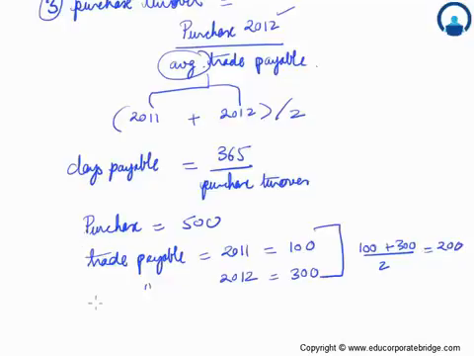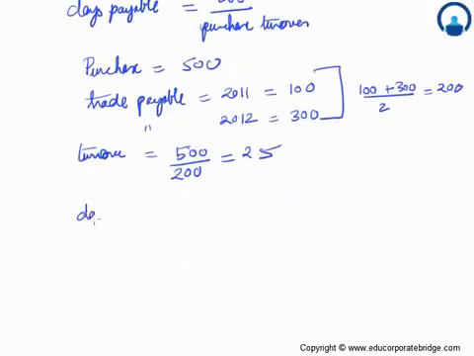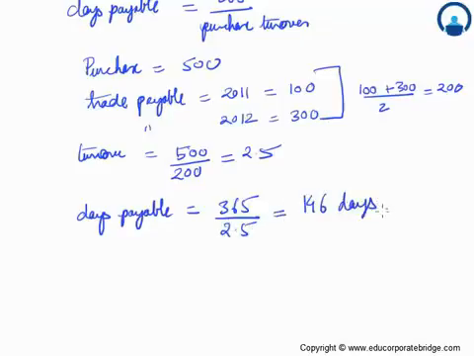Your purchase is 500, so if you want to calculate the turnover, this will be 500 divided by 200. This is equal to 2.5 times, and you can calculate the number of days payable. This will be 365 divided by 2.5, so this comes out to be 146 days.